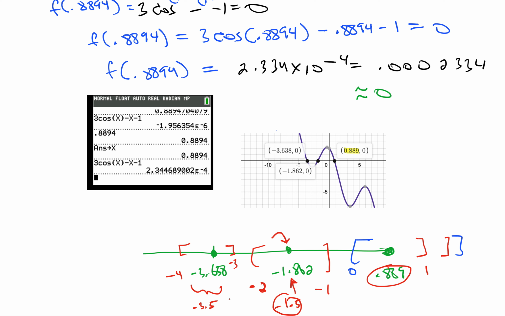Okay, and so you would get your zeros like that. If we just repeated the same process we just did, you're going to get this number, and you're also going to get this number. That's it. That's Newton's method.